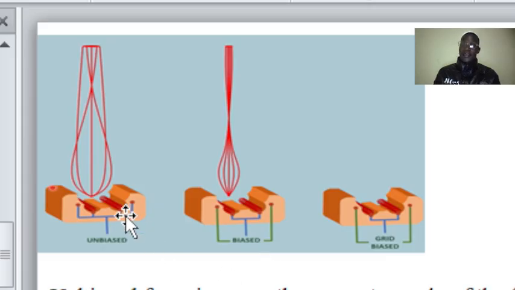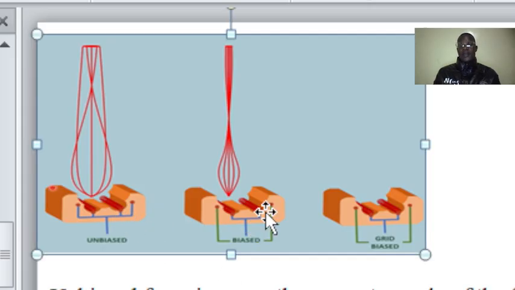Now, the second type of focusing cup is the biased. We have unbiased, then we have biased. In the biased type of focusing cup, the current supply of the cup is independent of the filament, and therefore you can increase the negativity of the cup without tampering with the electron production, or you can increase the electron production without tampering with the negativity of the cup.